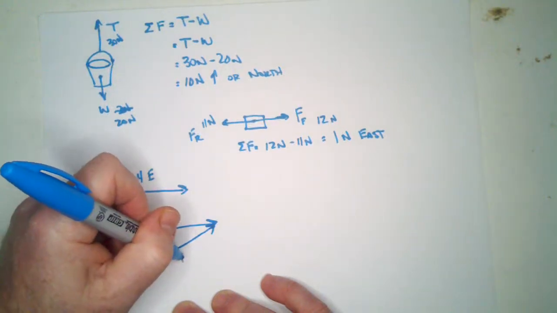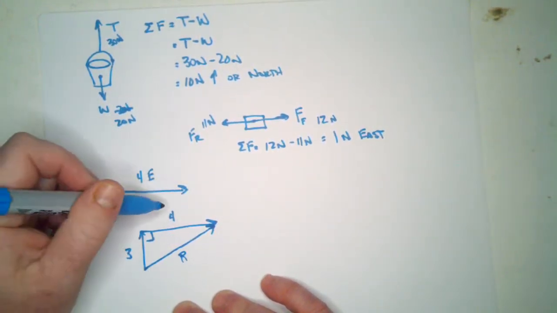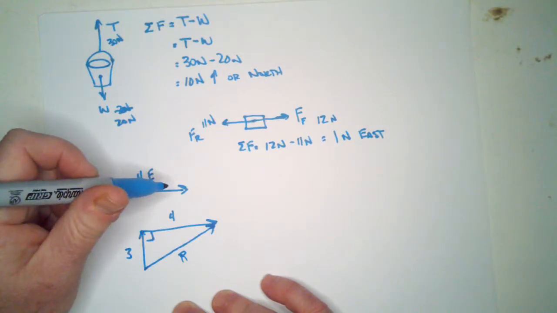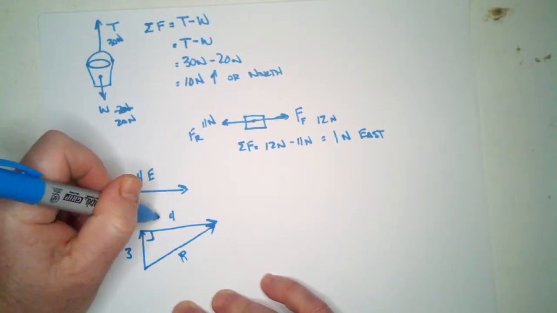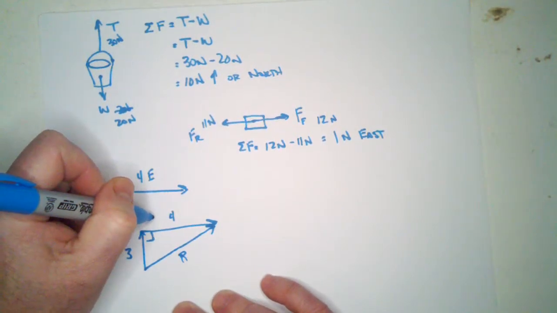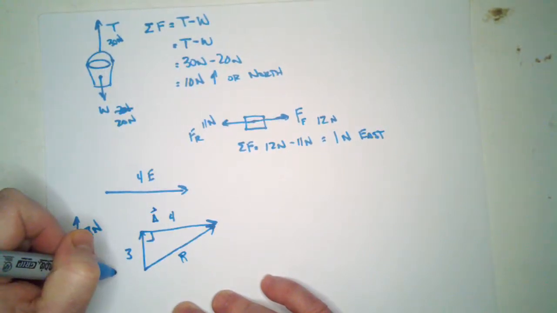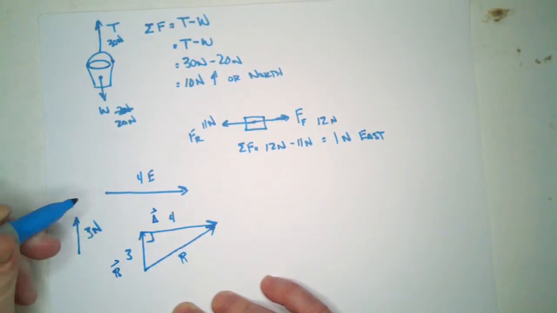And we call this the resultant vector. So we'll call this one vector A, and we'll call this vector B.